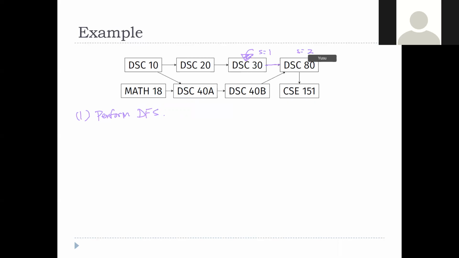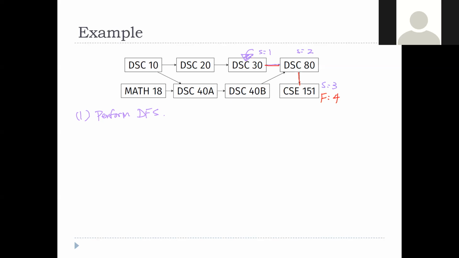Since this is how I discovered this node, we put this predecessor edge in red. Then from DSC 80, I look at its neighbor, which is CSE 151. I put its starting time to be 3, and the predecessor of 151 is DSC 80. CSE 151 doesn't have any neighbor, so we're done with exploring this one, and the finishing time is 4.